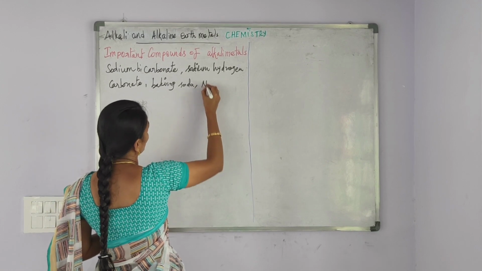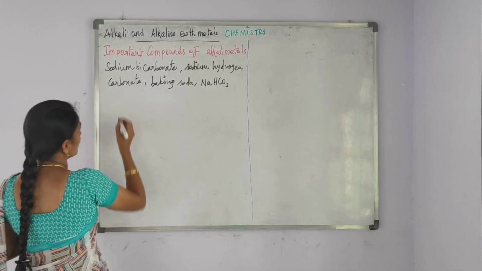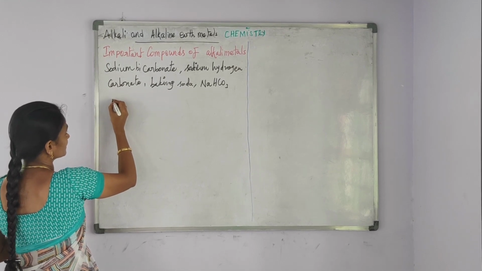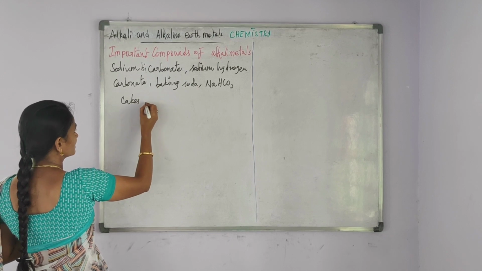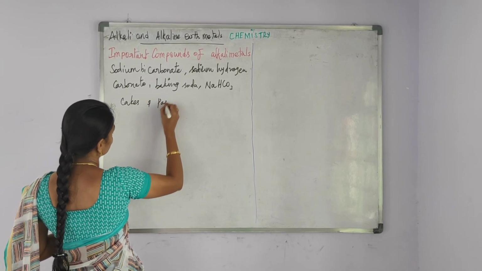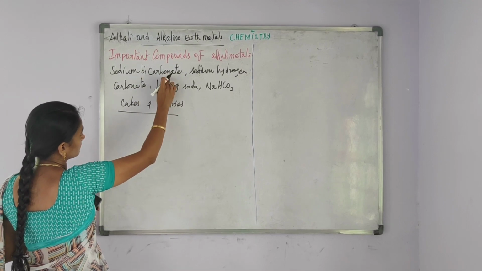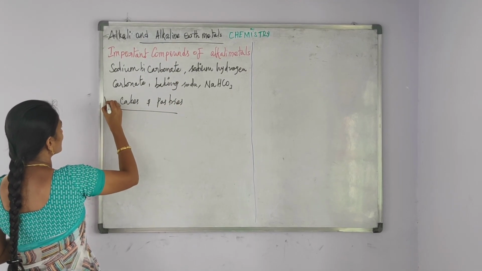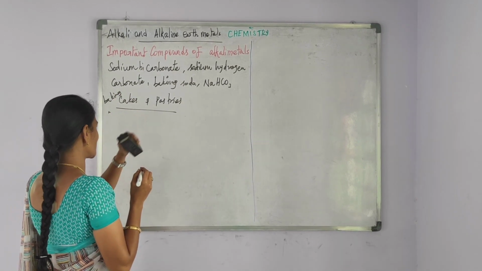Its molecular formula is NaHCO3. Sodium bicarbonate is commonly used in baking cakes and pastries.